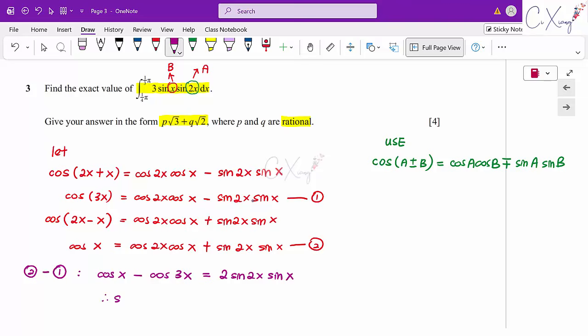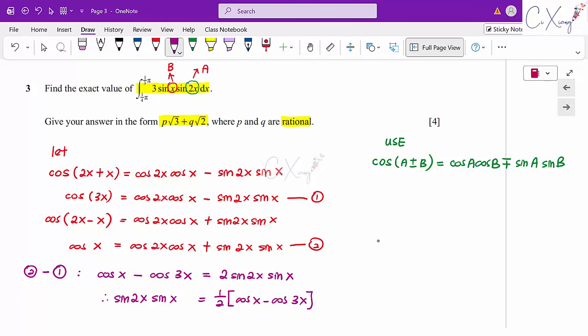And hence, what do you see here? My sine 2x sine x basically can be written as half, then cos x minus cos 3x. Okay, all right. So I have successfully found a suitable identity for the integration of sine 2x sine x. Because if you change it to this pattern, basically you can integrate it term by term.